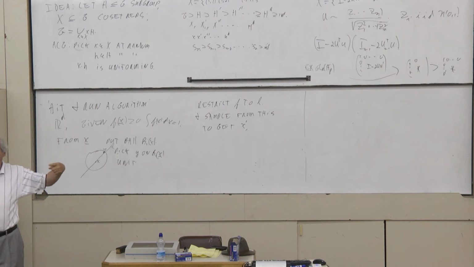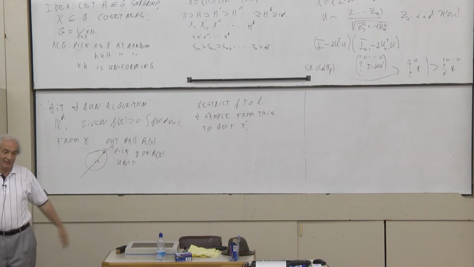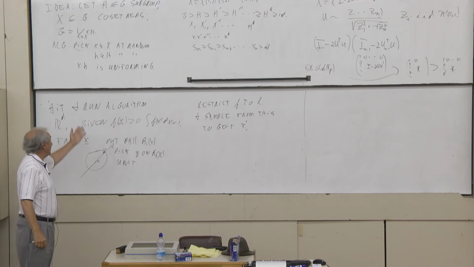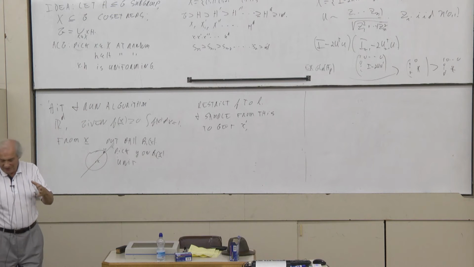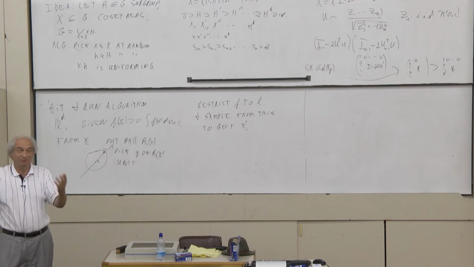You pick a direction. If you're in a bimodal thing, you have a chance of moving from one bump to another. So this algorithm can move long distances in one step. And that's the hit-and-run algorithm. Where does the name come from? You hit a point on the surface of the ball, and then you run in that direction. I think that was the motivation.